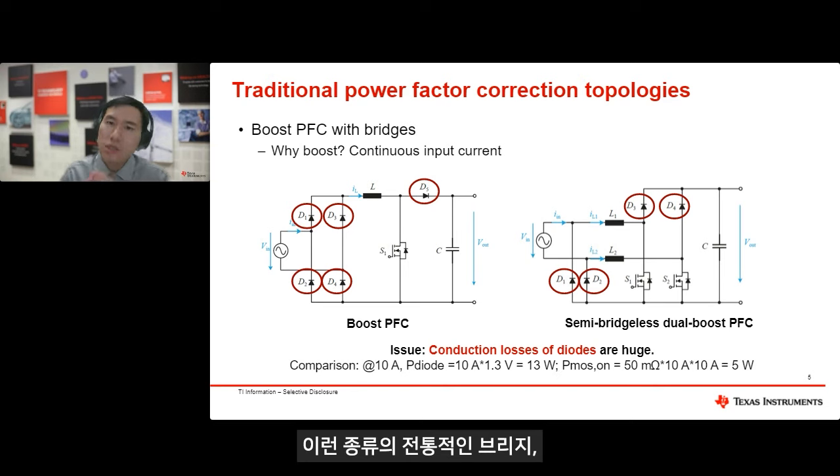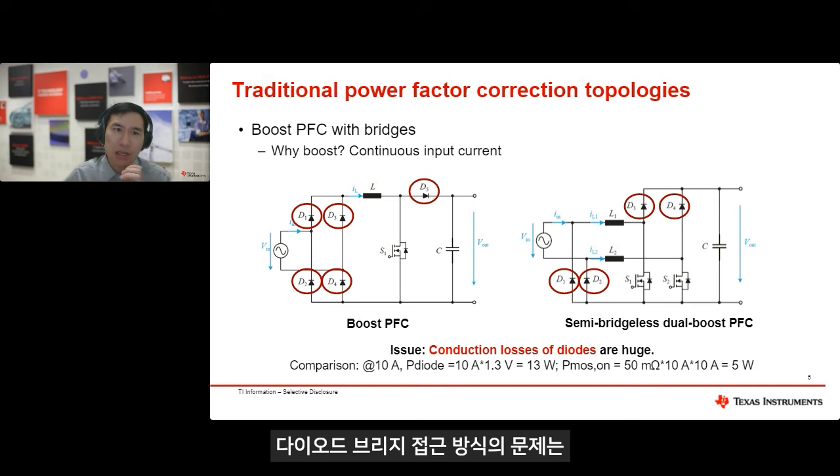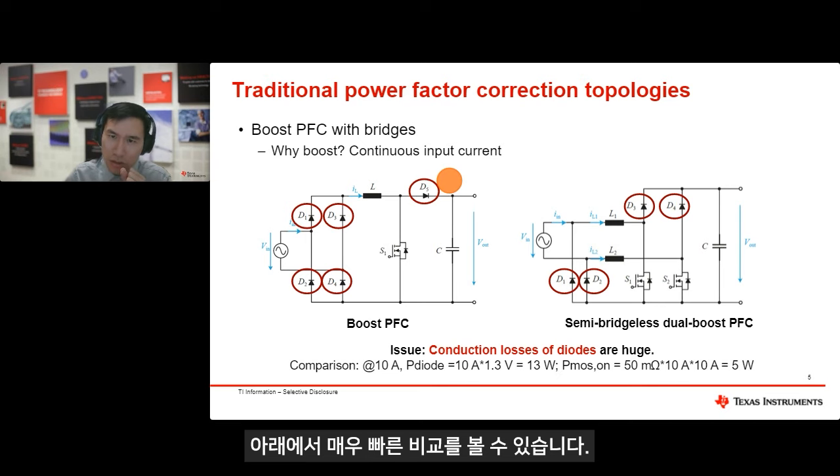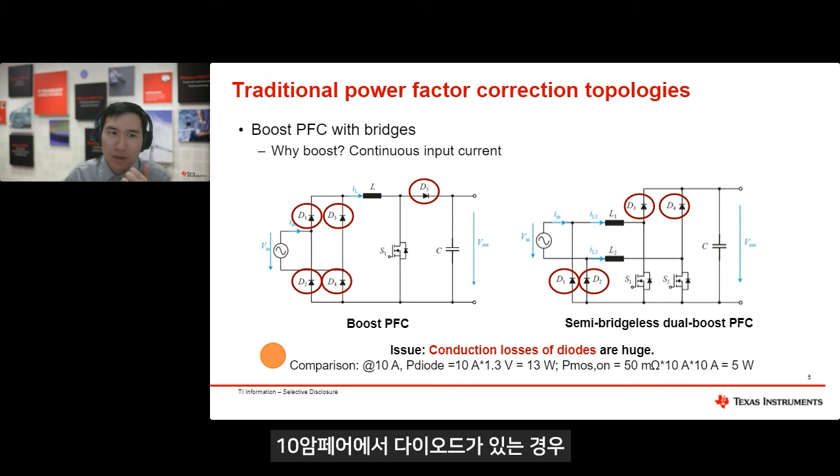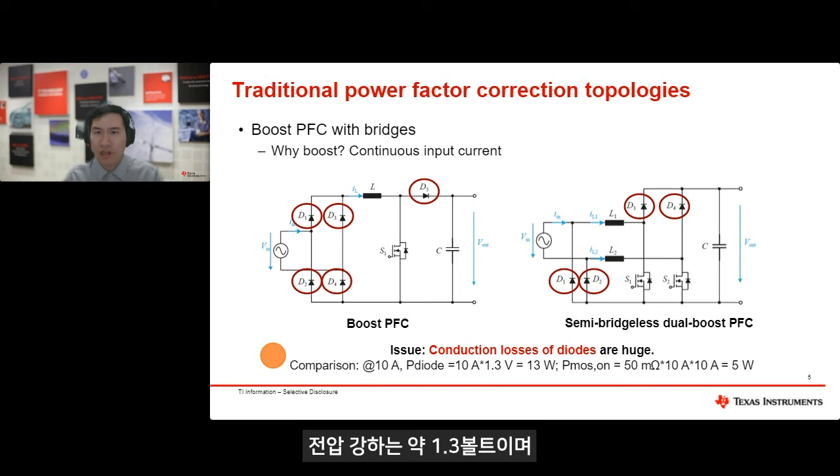The issue with this kind of traditional diode bridge approach is actually the conduction loss of this diode. You can see a very fast comparison below. At 10 ampere, if you have a diode, the voltage drop is around 1.3 volts, and that's 13 watt conduction loss total.